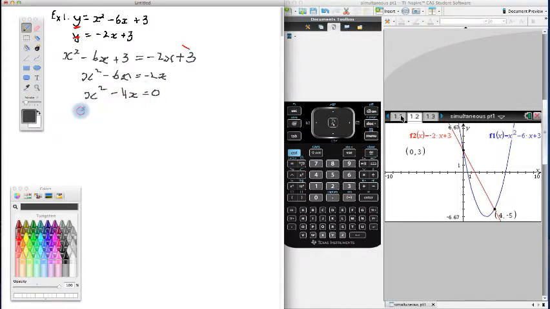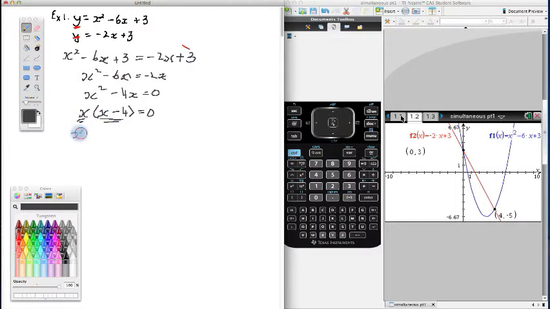So now we'll factorize, taking out a factor of x from both terms, and we're left with x times x minus 4 equals 0. So either, using the null factor law, either x can be 0, this x here can be 0, or x minus 4 can be 0.